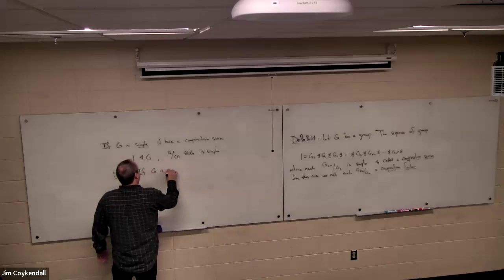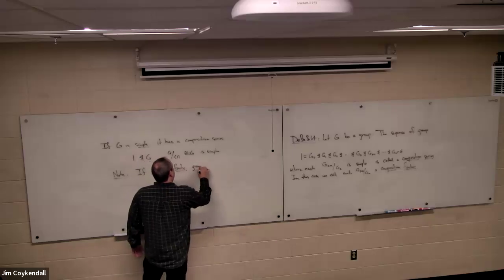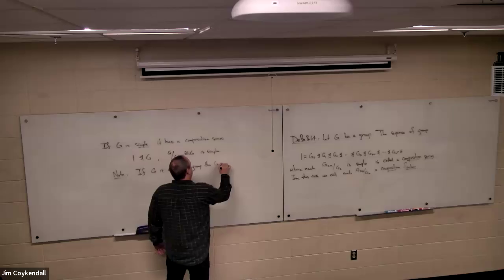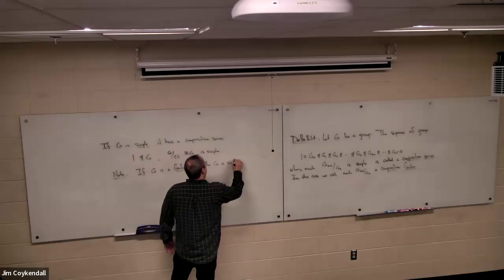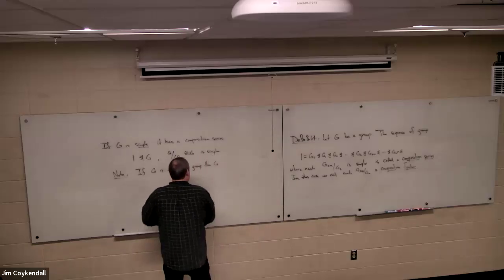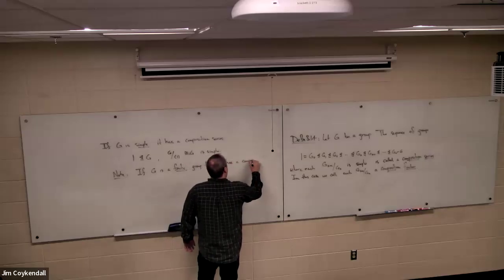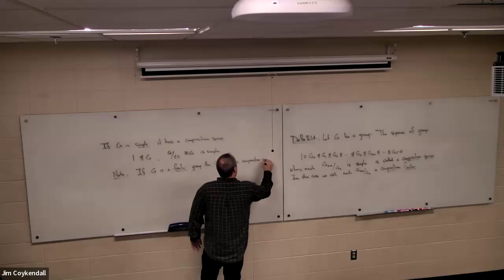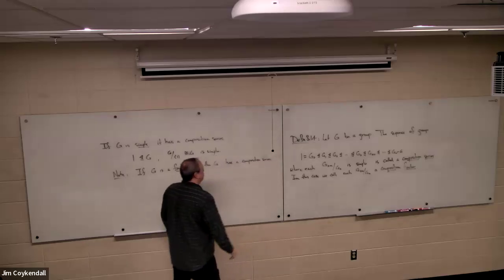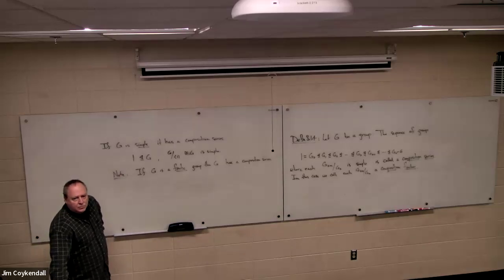If G is a finite group, G has a composition series. Did anybody see why this is true?